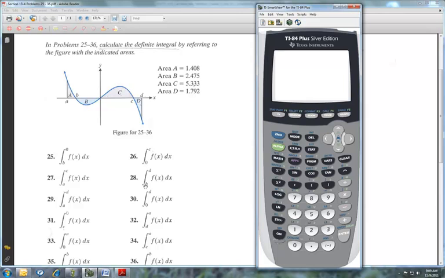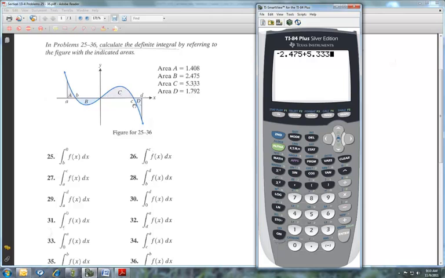Let's see this one, from B to D. So here's B. I've got to go all the way to D. Well, I have to do these in sections, so I've got to go from B to 0. So that's going to be a negative 2.475 because it's below. Now I've got to go from my 0 to C, which is C. It's above, so it's positive, so plus 5.333.